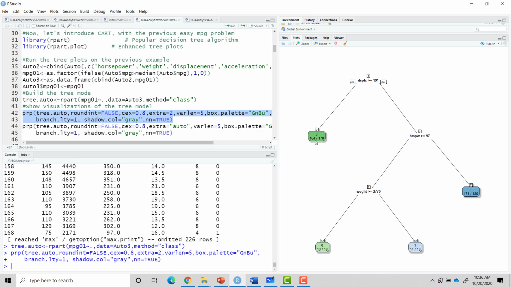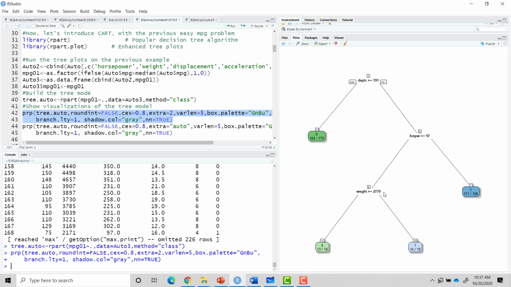And in fact, 164 out of 170 cars had fuel economy worse than average. So just the big cars had worse fuel economy. It's amazing, isn't it? And of the smaller cars, because you can have small sporty cars, if the horsepower is greater or equal to 97, which I guess is maybe a new car, then we have fuel economy greater than average.